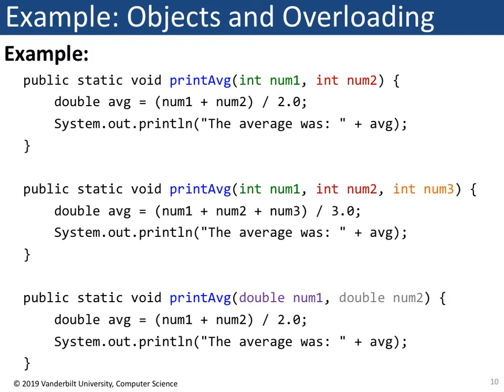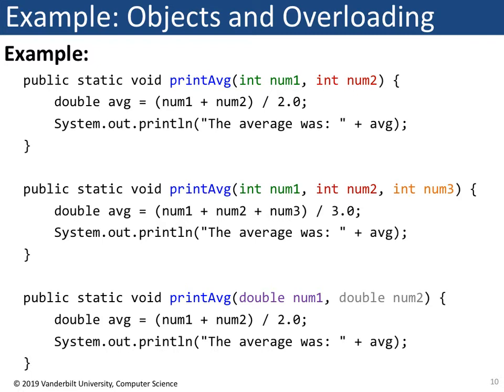So we make another print average method. And in this one, we do the exact same operations as in the very first method. However, in this particular version, we are going to accept num1 and num2 as type double. So now, when the compiler attempts to identify which method to use, if there are 3 parameters, it knows which one to use. But if there are 2, there are 2 available options.